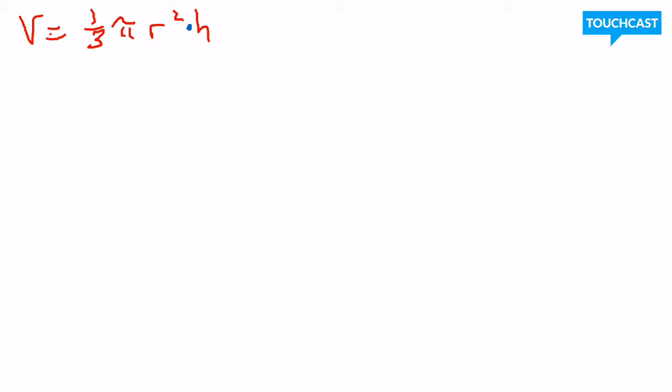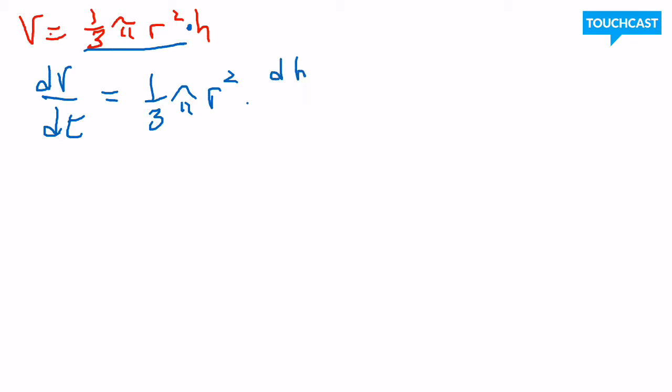When I take the derivative of V, so dV/dt, I'm going to use first times derivative of the second plus second times the derivative of the first. Here's my first, so 1/3 pi r squared times the derivative of the second. Well, the derivative of h with respect to time is dh/dt.